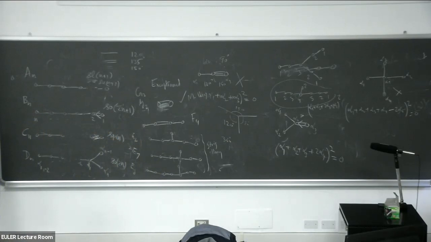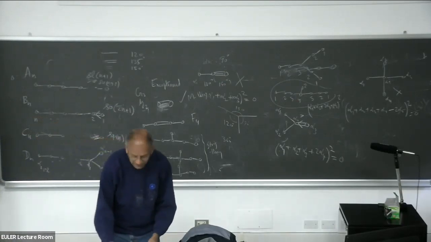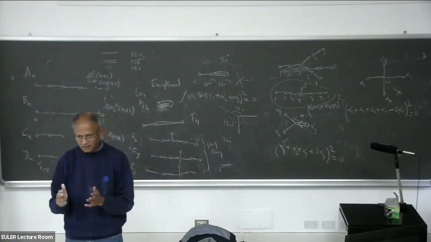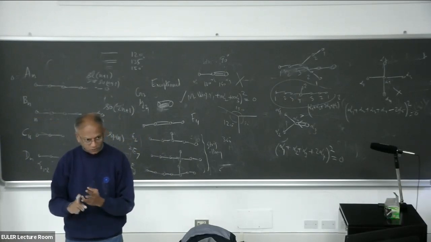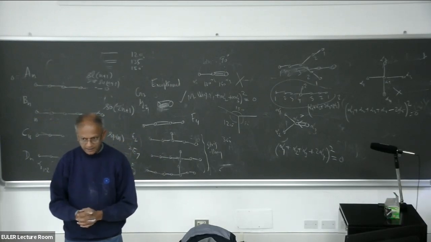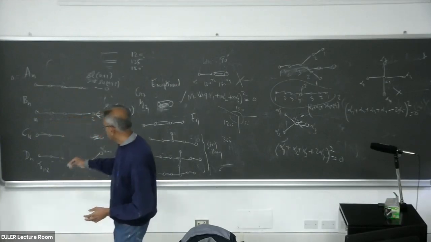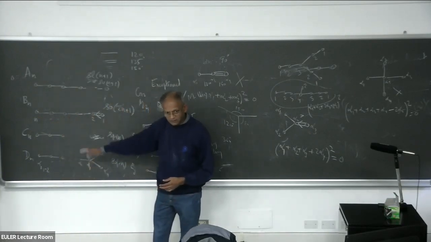Then on Monday, hopefully you have gone through chapter 13, which basically constructs the roots for SU(N), SO(2N), SO(2N+1), Sp(N). For all of them, it constructs the roots. If you have gone through that, then it will be much easier to show the corresponding Dynkin diagrams, which I will do on Monday.